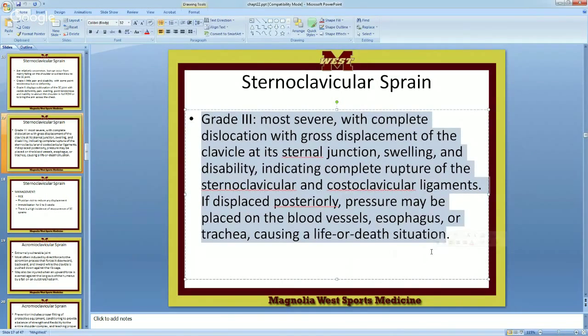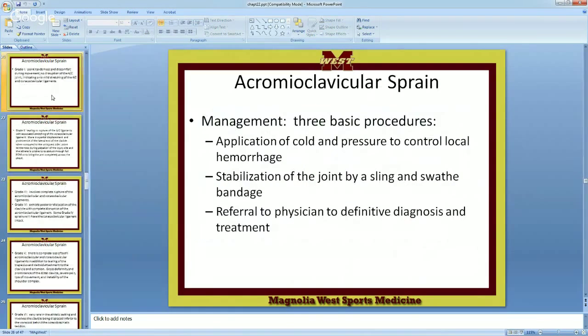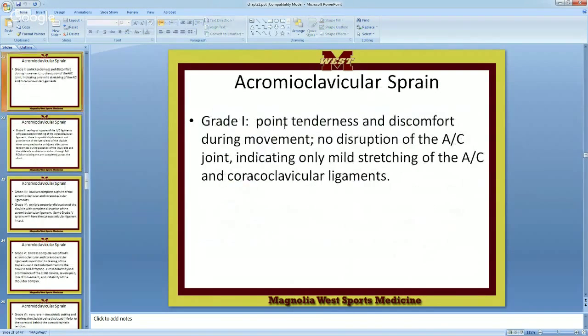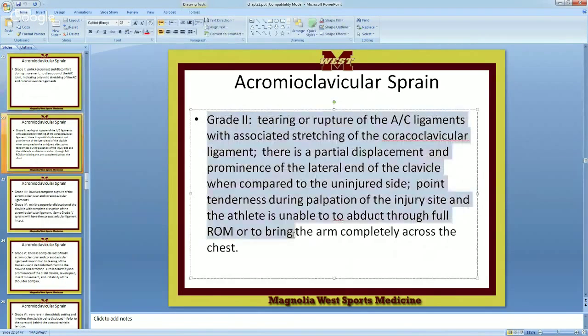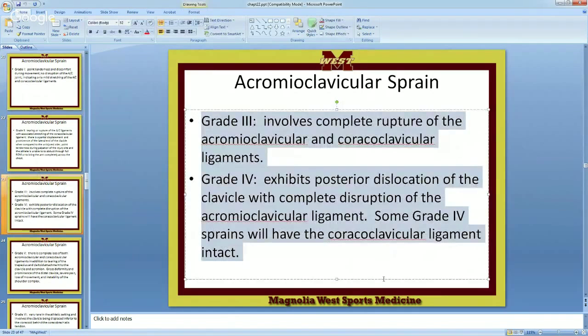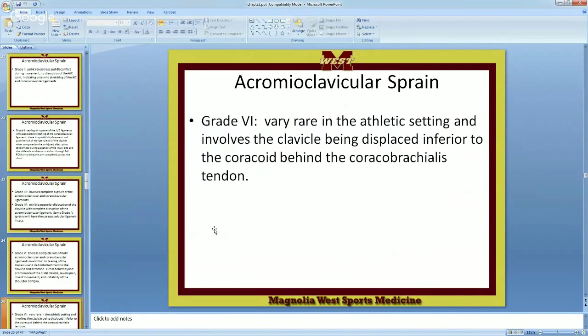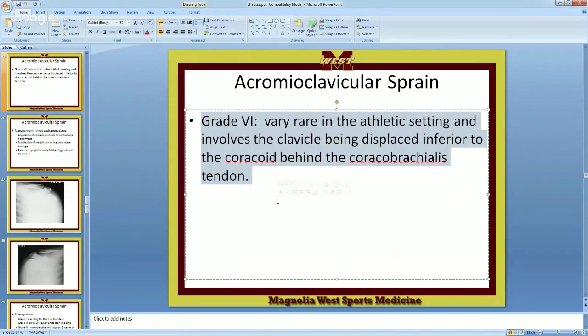And you will match those A, B, and C with grades 1, 2, and 3. Then on 21 through 25, you will match the grades of your acromioclavicular sprains with the symptoms of each. 21 through 25. Remember, there's grade 6 right there.